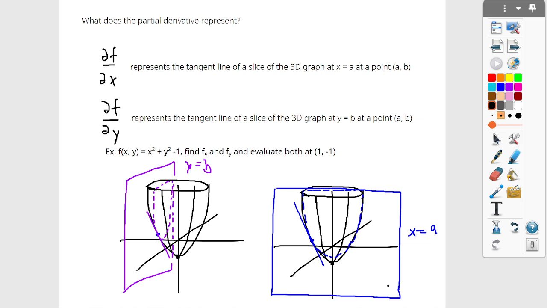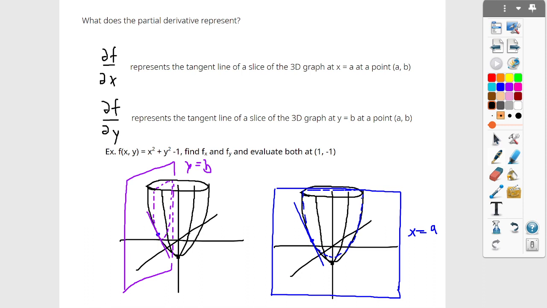Not a tangent plane. A tangent plane is something a little bit different. We'll also be covering that as well. But for y, it represents the tangent line of a slice of the 3D graph at y equals b at a point a, b, right here, and the tangent line exists in this plane y equals b to give you the slope at that point on the plane y equals b.